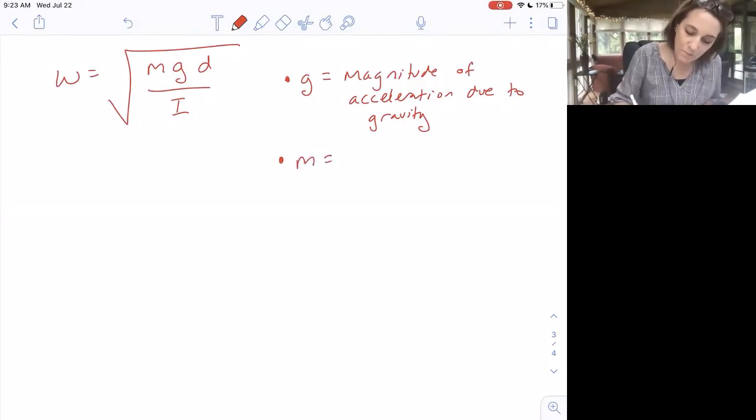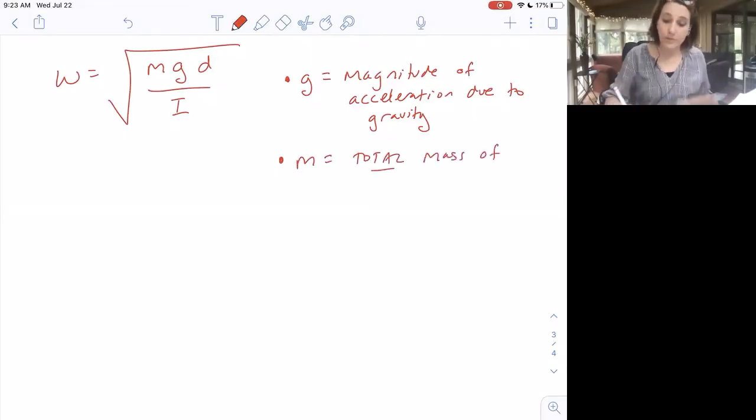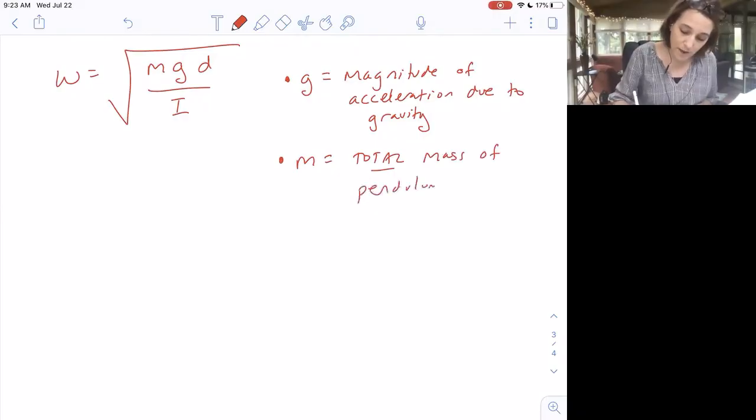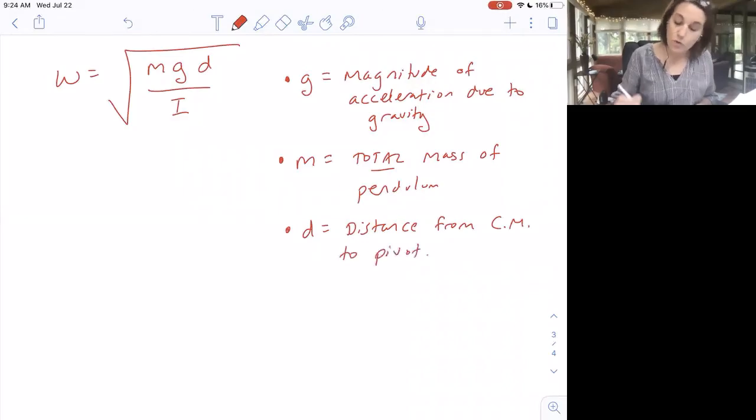M, very importantly, is the total mass of the pendulum. So if your pendulum is a rod with a point mass glued onto it, then M is going to be the total mass of the system. D is the distance from the center of mass of your pendulum to the pivot. So you might need to calculate the location of the center of mass in order to figure out what D is.